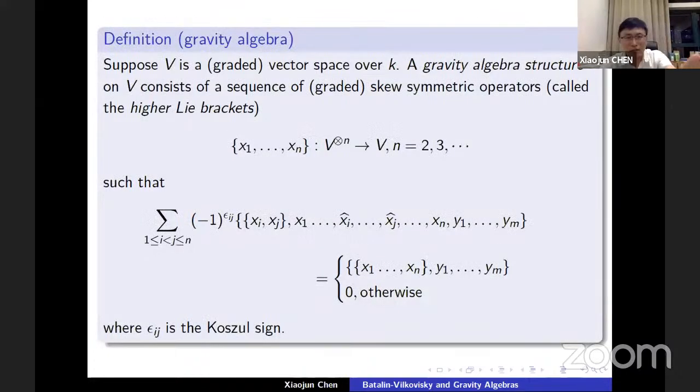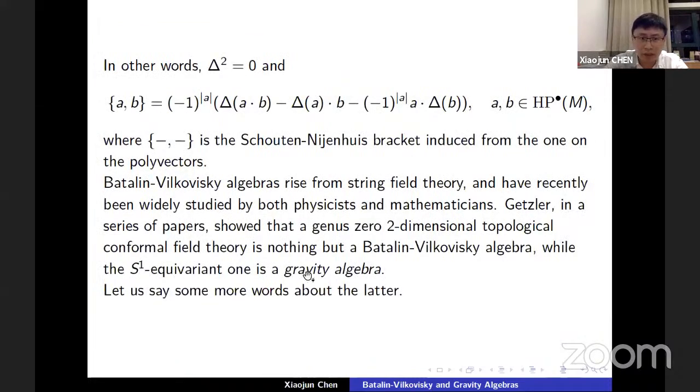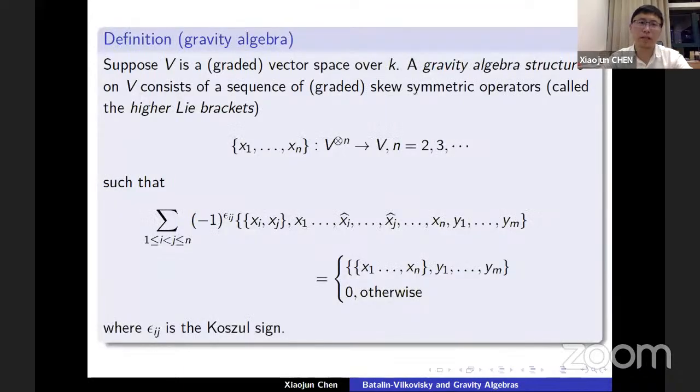Actually, this is related to the BV algebra because, for example, here I said the gravity algebra is an equivariant version. There is always a relationship between ordinary homology and equivariant homology with a group action. So it's the same here.